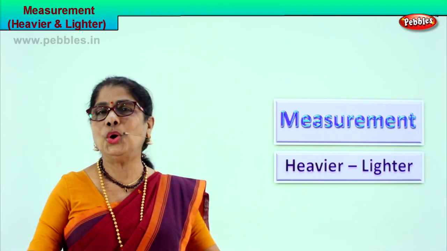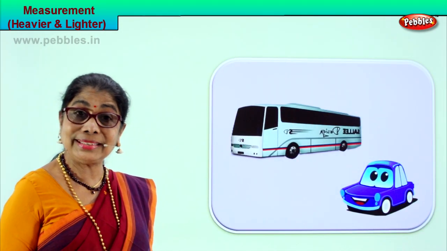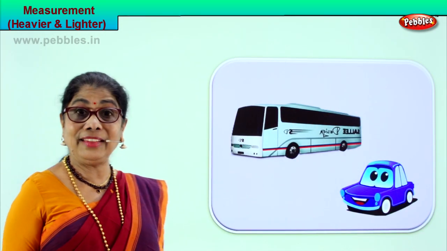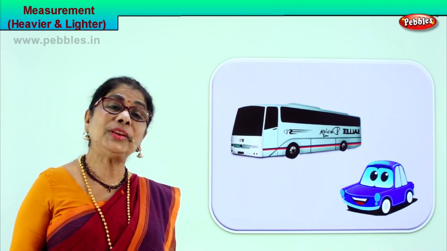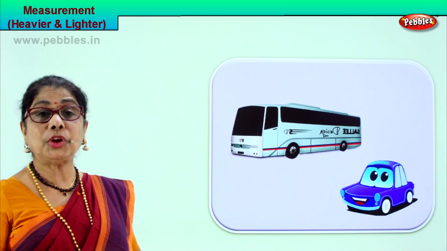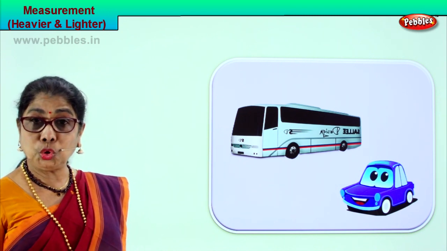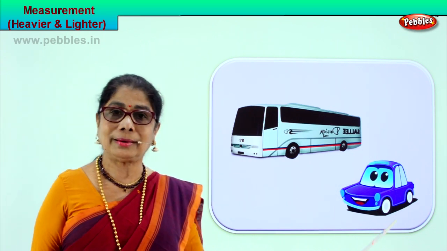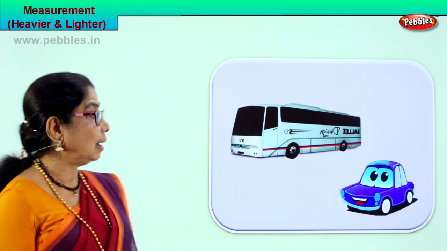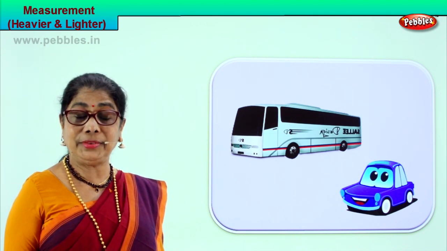Shall we? Look, here is our first picture. You compare the two things and see for yourself, heavier, lighter. When you say heavier, lighter, we should put it on the weighing machine, a big, huge weighing machine. Now, when you look at a tiny toy car and a huge bus, which do you think is heavier?